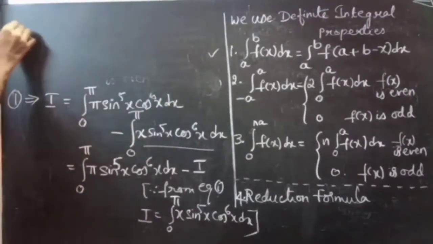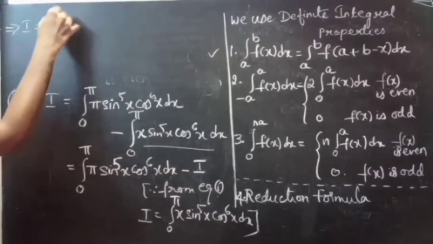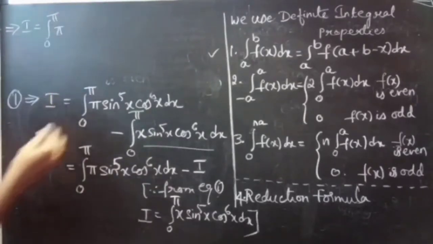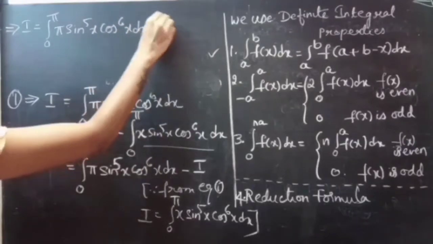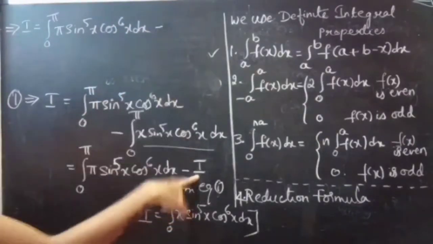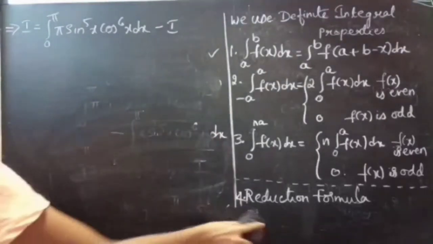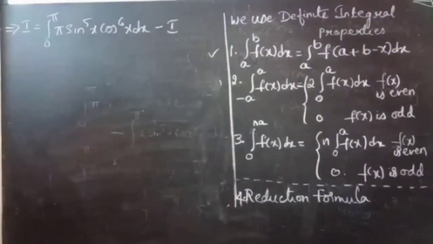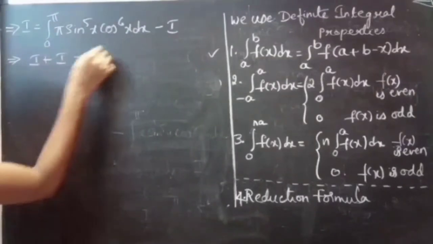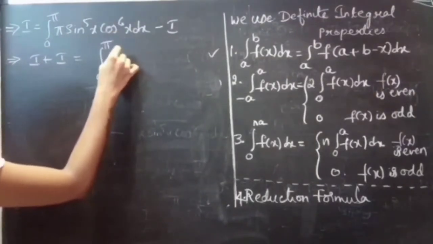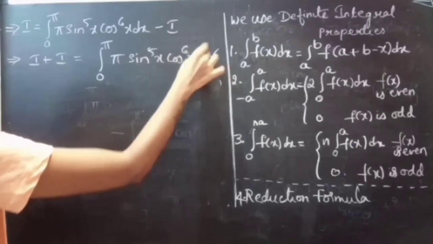Now this implies I equals, I'm writing the same thing, integral from 0 to pi pi into sine power 5x into cos power 6x dx plus, minus I. So if you take this minus I to the left hand side, you'll get I plus I equals integral from 0 to pi pi into sine power 5x into cos power 6x dx.